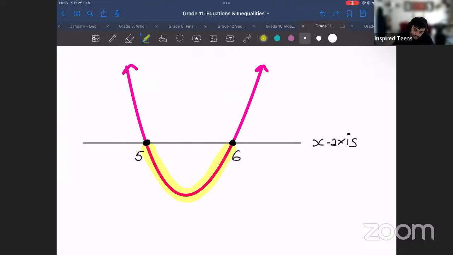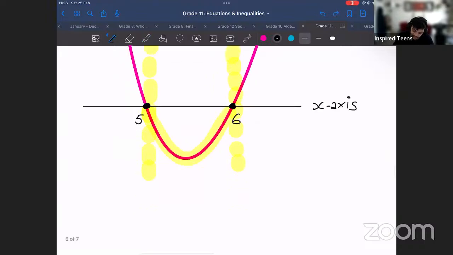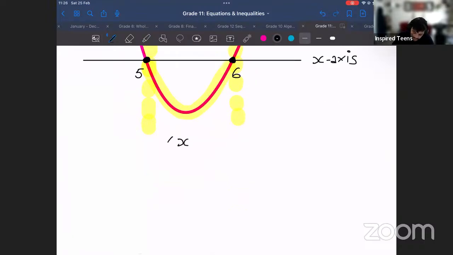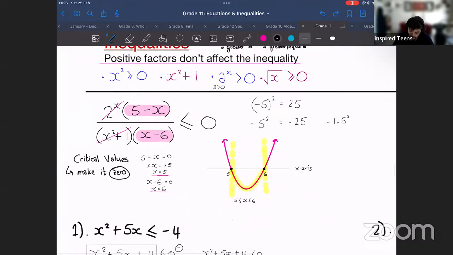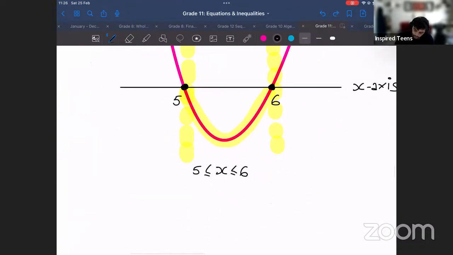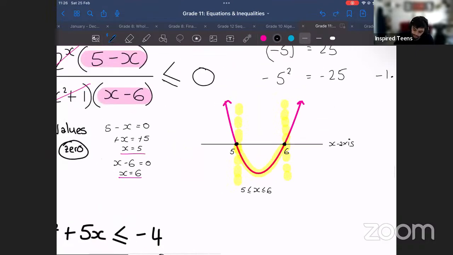So I need to express this in terms of x values that are below the x-axis. It's basically between the x values of 5 and 6. That's when this graph is below the x-axis. So my answer is going to be x is greater than or equal to 5, x is greater than or equal to 6. I included them because the question included them, however, one of them is wrong. Somebody tell me what's wrong with this answer and why.